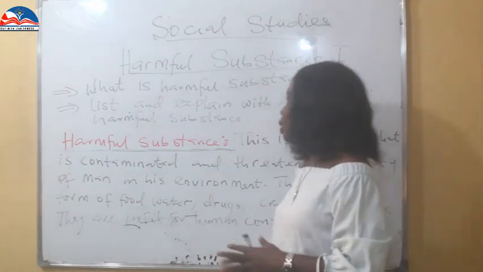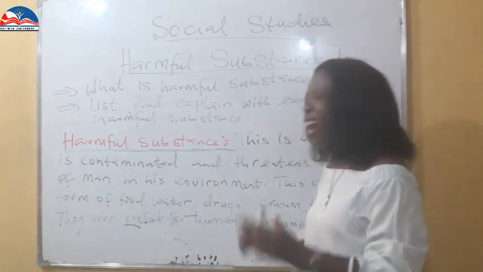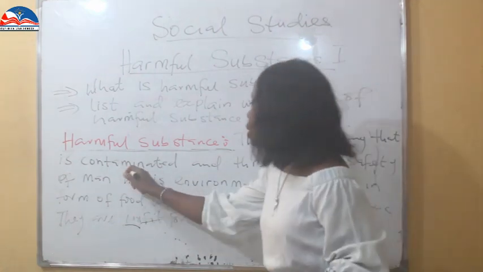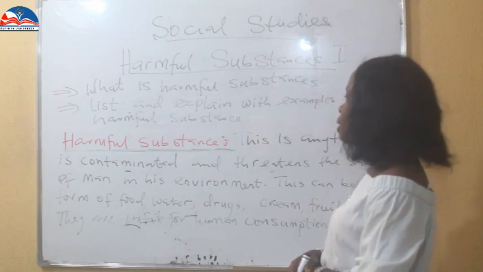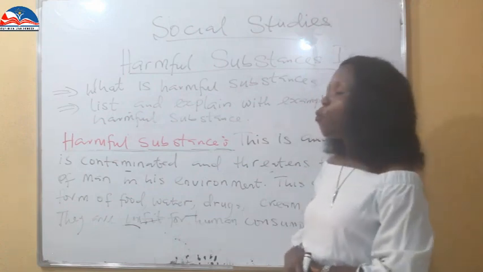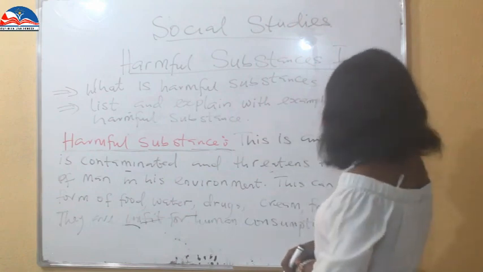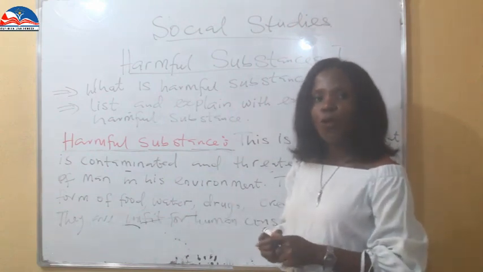Let me run through it again. The major words are contaminated and threatens the safety of man and his environment. This can be in the form of food, water, drugs, fruits, cream, and others, and they are all unfit for human consumption.